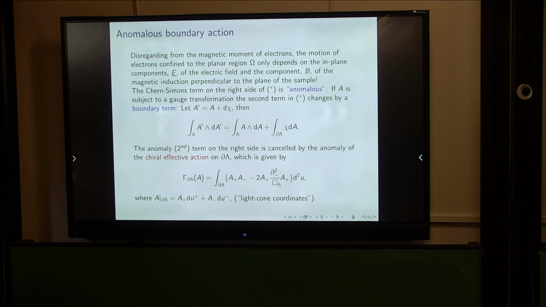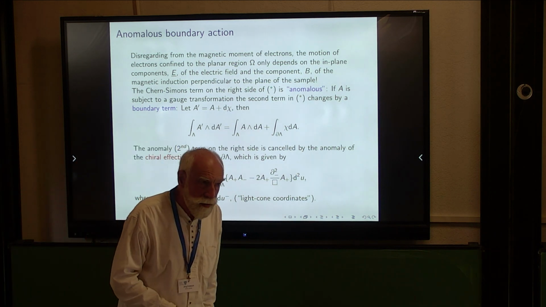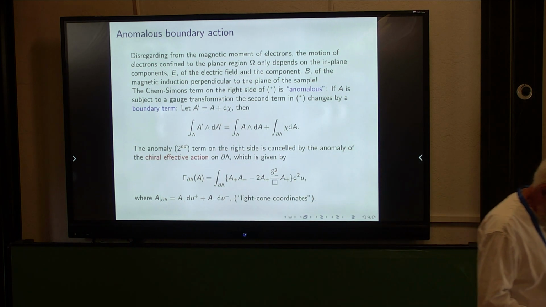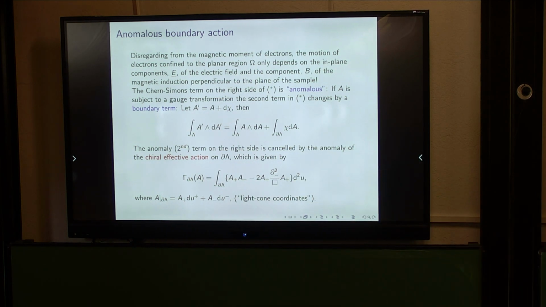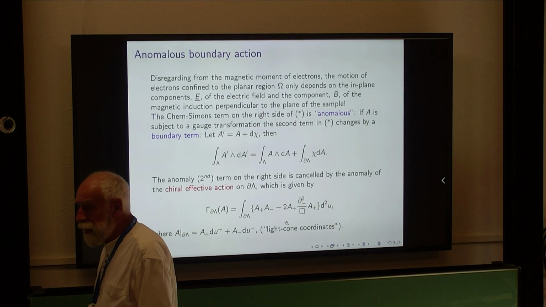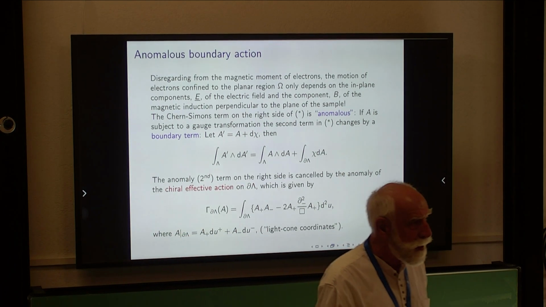It is easiest to write it down by introducing light cone coordinates. The role of the velocity of light is played by the propagation speeds of the edge modes. In fact, the correct boundary term is a sum of terms like that, which may differ from one another by having different propagation speeds.